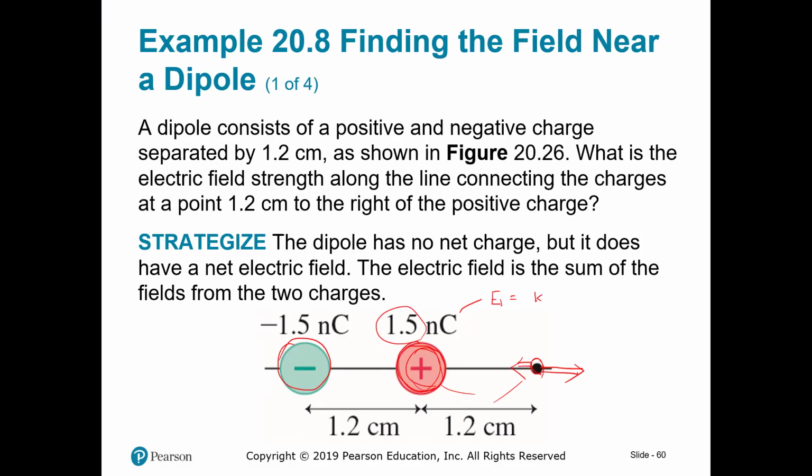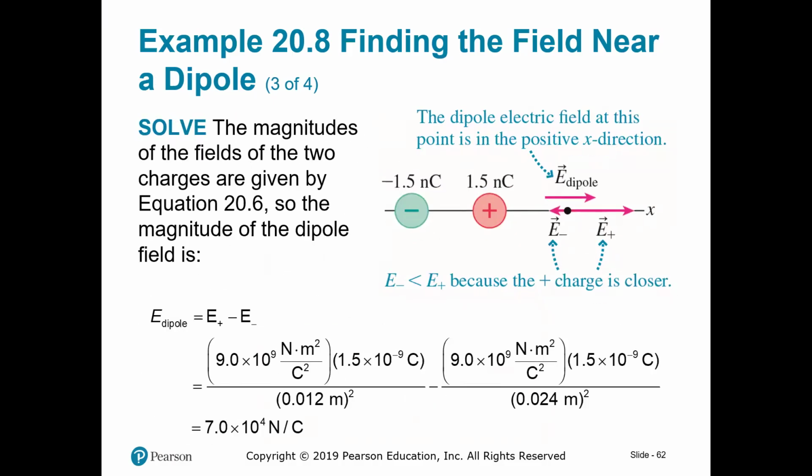Again, k times Q, 1.5 nanocoulomb, divided by r, for this case 2.4 centimeter, which is 0.024 meter. So if I show you the calculation, this is E1, again k times Q1, 1.5 times 10 to the negative 9, over 0.012 meter squared.